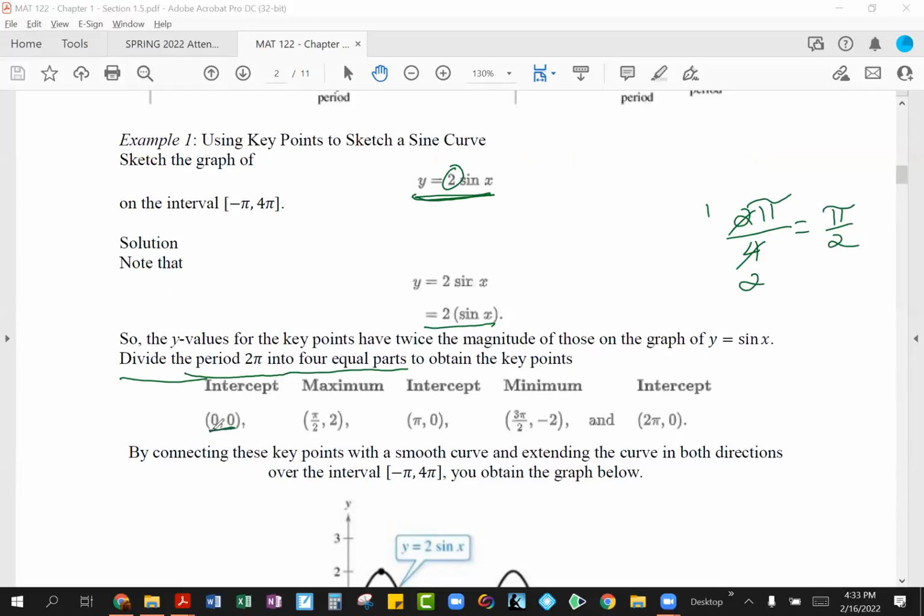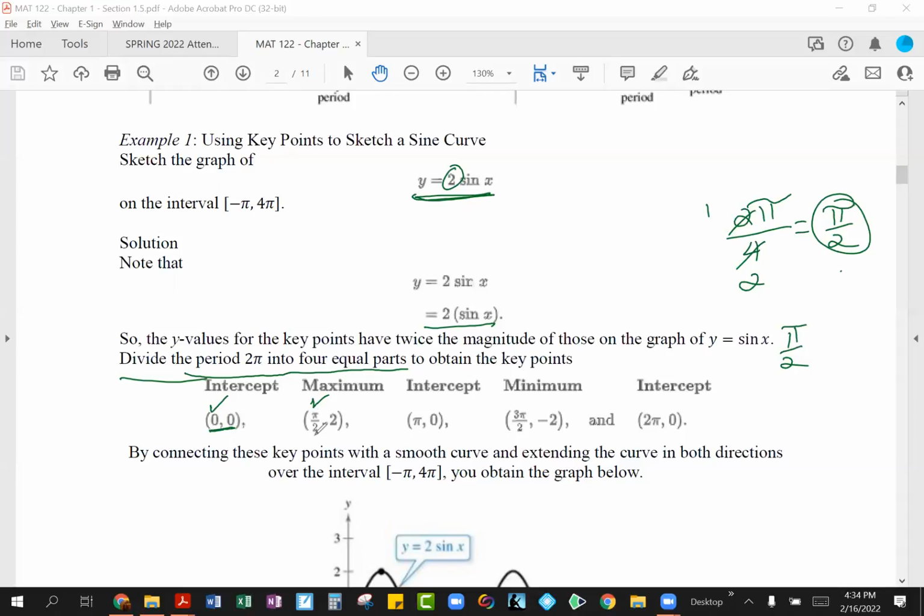We of course start at 0, 0. So the first thing we're going to do is come up with these x values. You start with 0, then you add pi halves to it. So 0 plus pi halves, of course, will be pi halves. And then you keep adding this factor of pi halves.